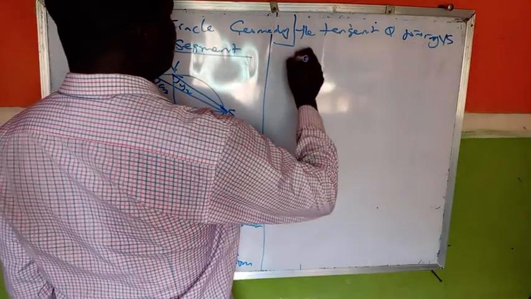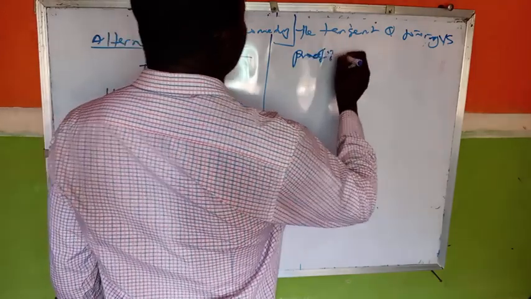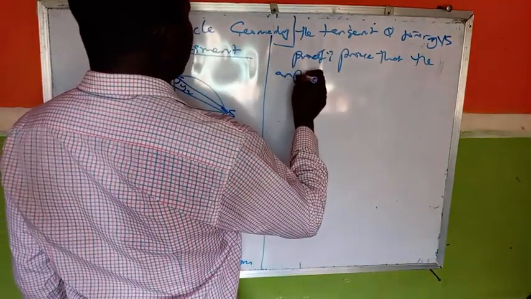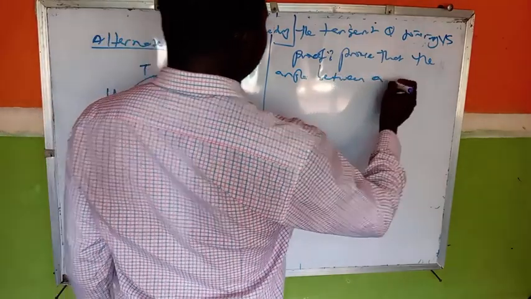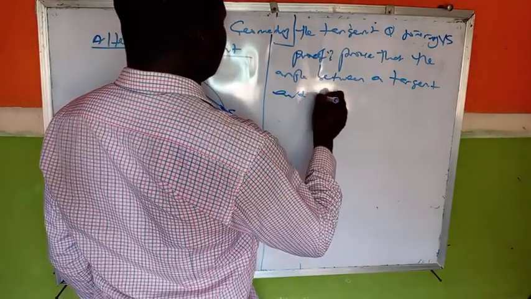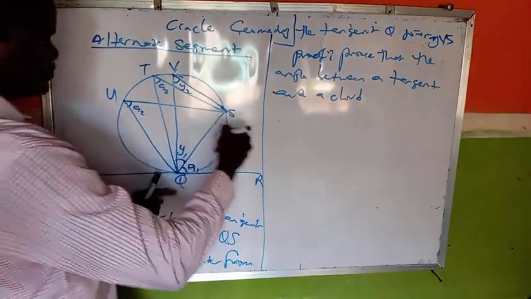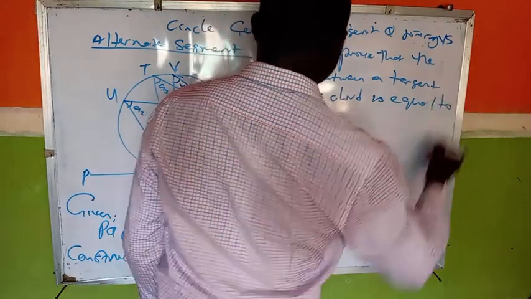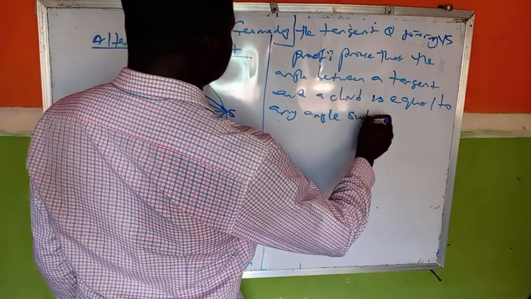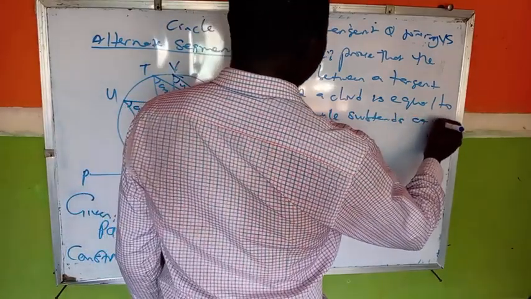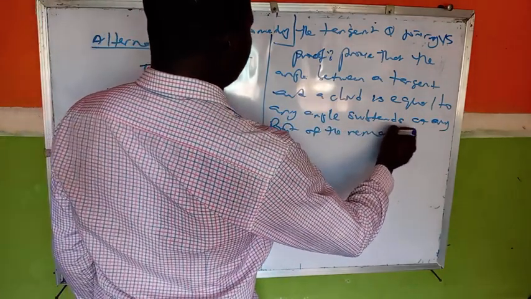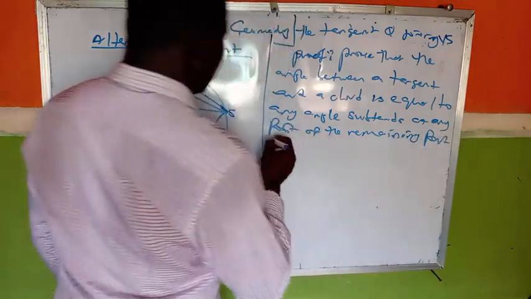Then what do you want to prove? Prove that the angle between a tangent and a chord is equal to any angle subtended at any point of the remaining part of the circumference.